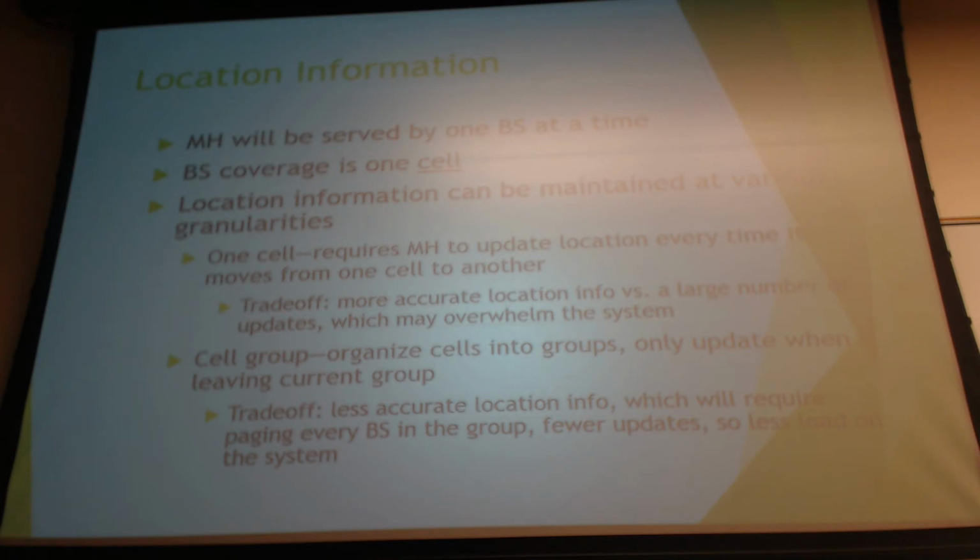Another way of keeping location information of the mobile host is that instead of saying which cell you are in, you tell which cell group you are in. You can have cell groups. You can say that cells A and B are a group, and you say that the location of mobile host N is this cell group A and B. So you don't know which cell it is actually in, but you know which cell group it is in.